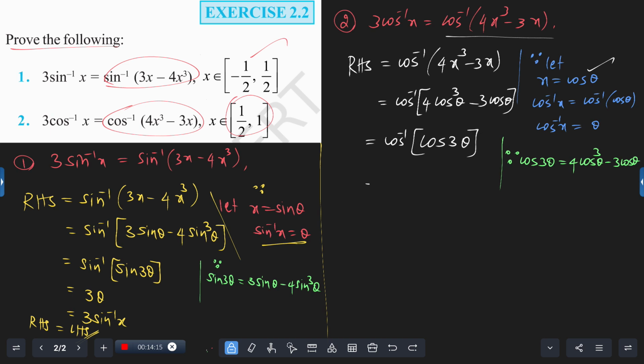The formula which I gave, cos inverse of cos theta means theta you can write, but here we have 3 theta. What is theta we got? Cos inverse x. So 3 times cos inverse x. That is nothing but what we have in the left hand side. So I assumed the right hand side and we got the left hand side value.